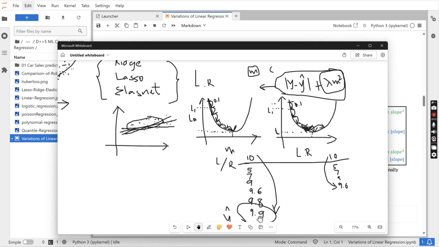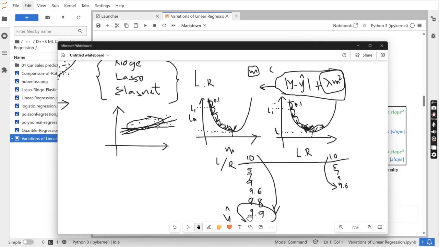Best fit line will be able to capture the data points such that the loss is less, errors are less. So at every iteration that we are going for, say when it is going from 5 to 7 or 7 to 9, because of the penalty term, it will try to capture the best fit line, right?